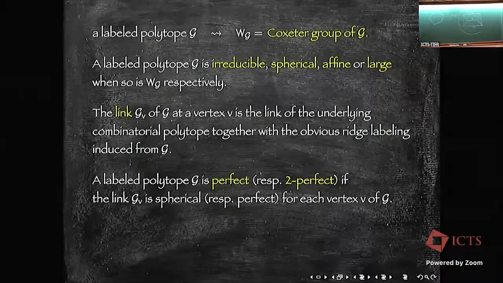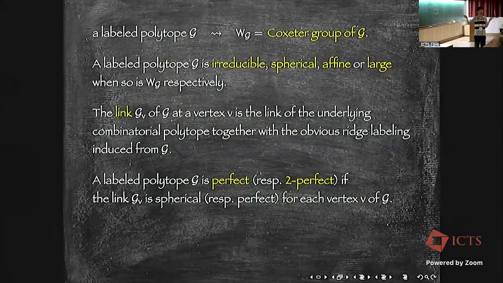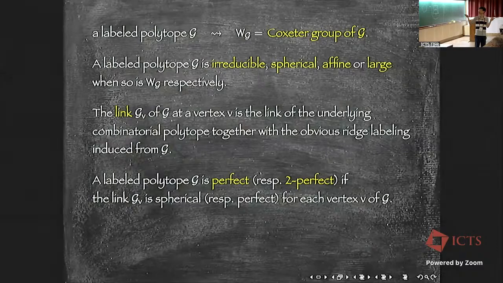Okay, so previously I think I talked about when you start from Coxeter polytopes, you can produce the Coxeter group. Similarly, when we have a labeled polytope, we can produce the Coxeter group, right? Because let's say this is a labeled polytope, a triangular prism, so it has 5 facets, okay?